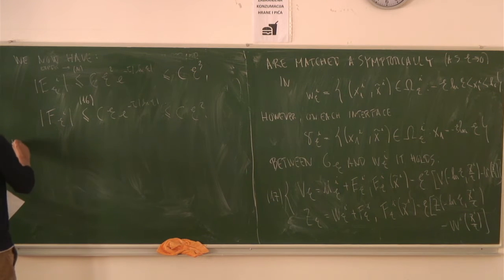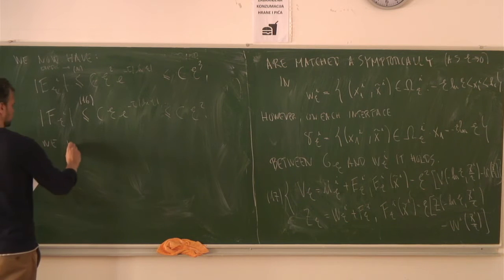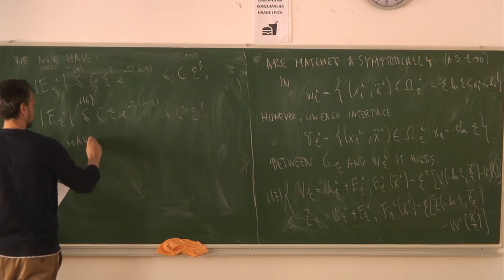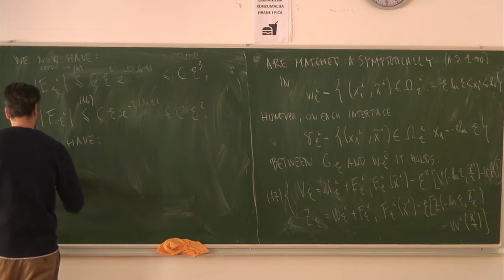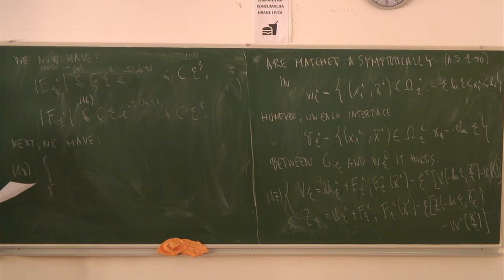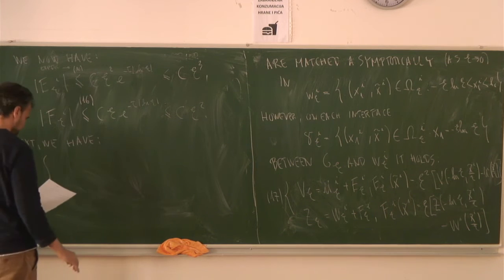So you have the following. Next we have, denoted by 18, the compatibility conditions need to be checked on the interface.